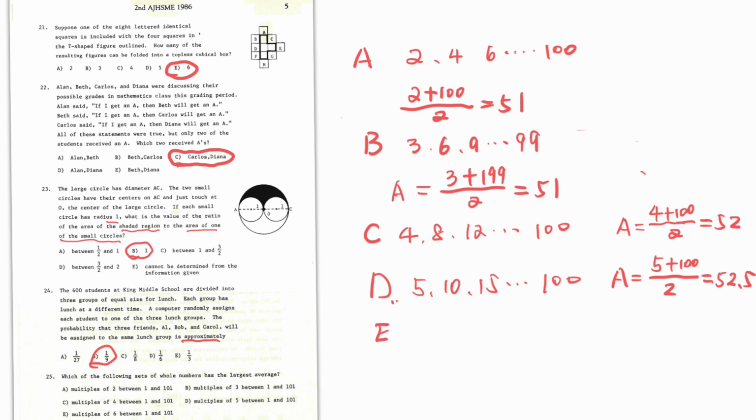E, the multiples of 6: 6, 12, 18, continuing to 96. The average equals 6 plus 96 divided by 2. That's 102 divided by 2, still 51. So among A, B, C, D, E, the largest average is the multiples of 5 between 1 and 101. So the answer is D.